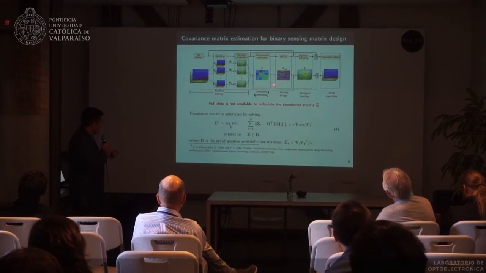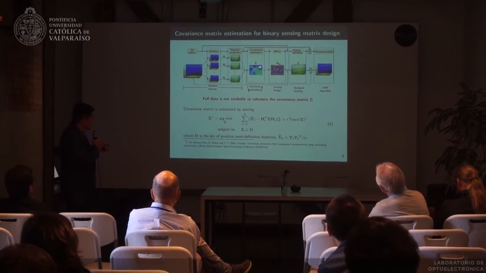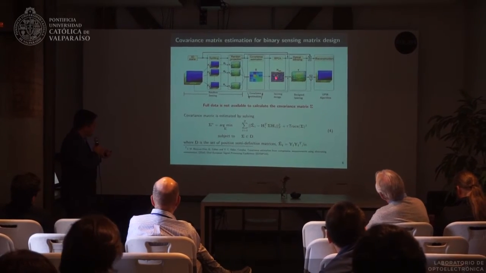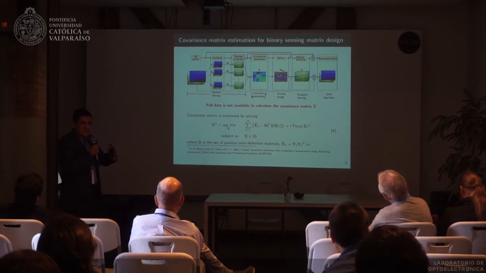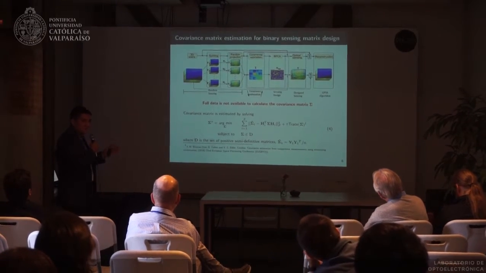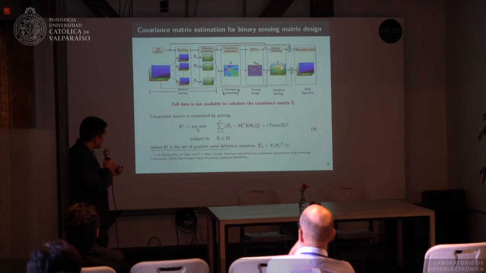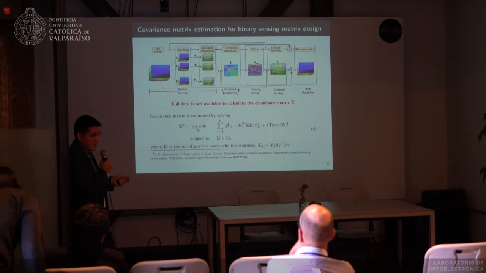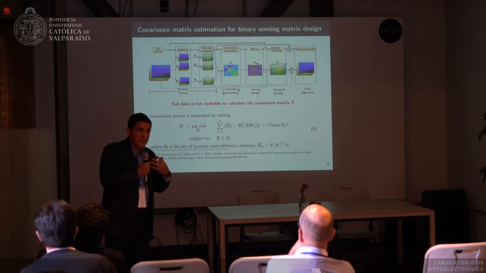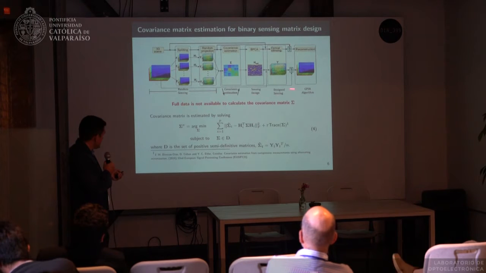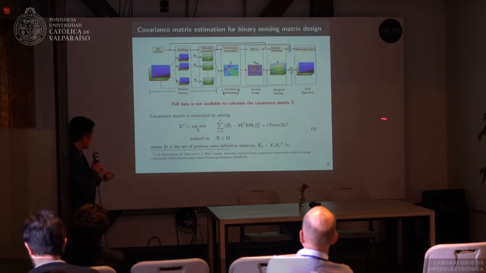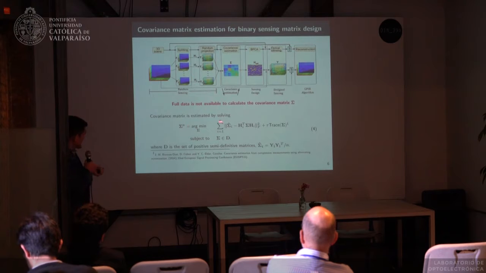After I estimate this covariance matrix, I calculate another projector, and this projector is optimal given the compressive measurements. After that, I take other measurements, and I put them together, and after I reconstruct if I want. In this application, I am interested just in calculating the covariance matrix. Okay, and this is the problem that I solved.